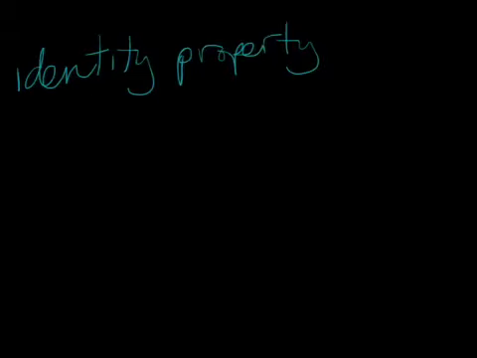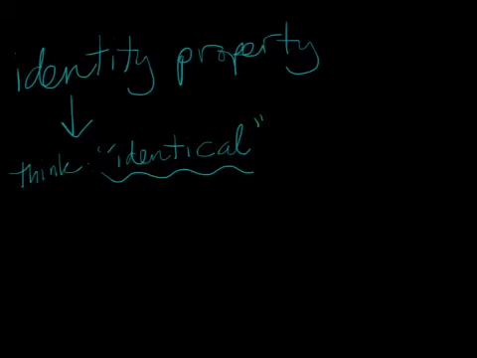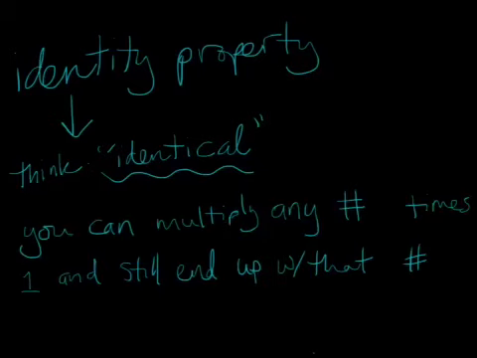Another property of multiplication that you need to know is the identity property of multiplication. When you see the word identity, you need to think of the word that's related, identical, which means the same thing. So the identity property of multiplication says that you can multiply any number times 1 and still end up with that number.